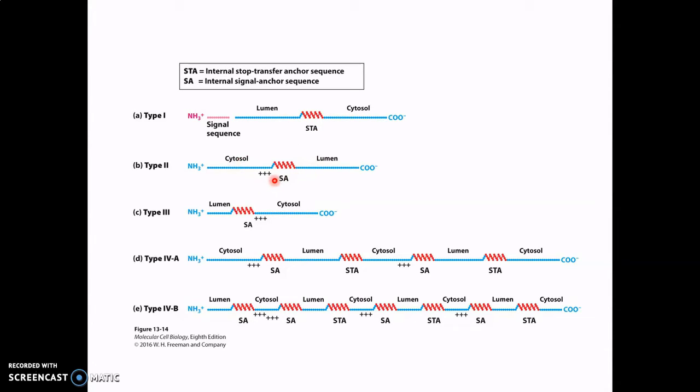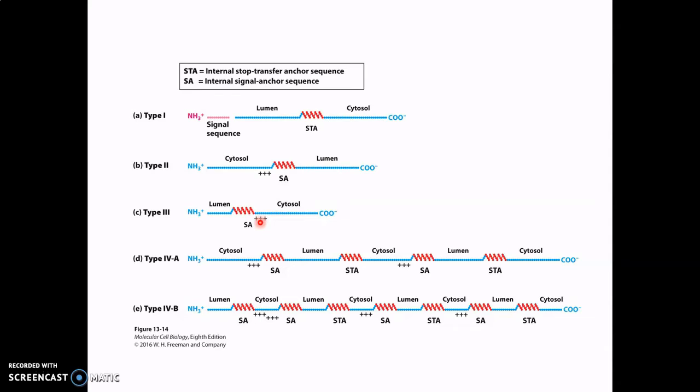Here for type 2, we can see that the positive charges are on the cytoplasmic side. And here, where it's flipped upside down, you can see that the positive charges are still on the cytoplasmic side. We're just marking up here which side is in the lumen, which side is in the cytoplasm.